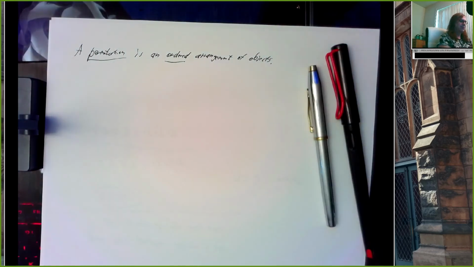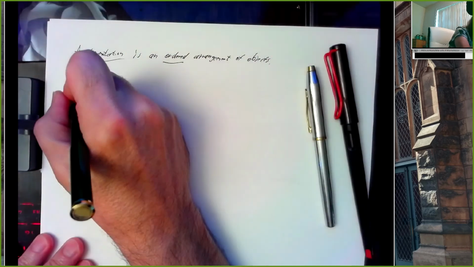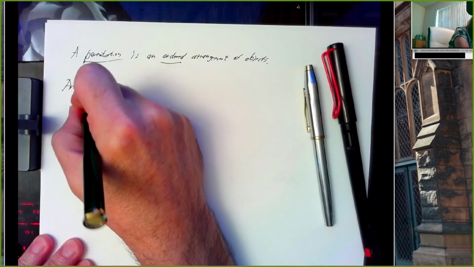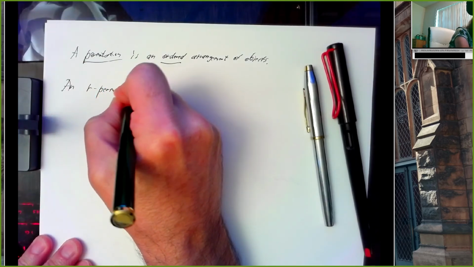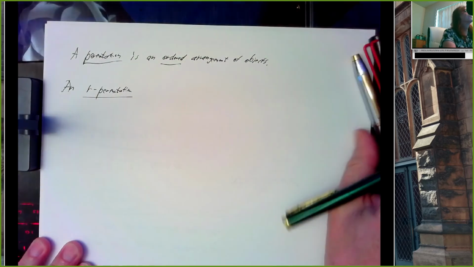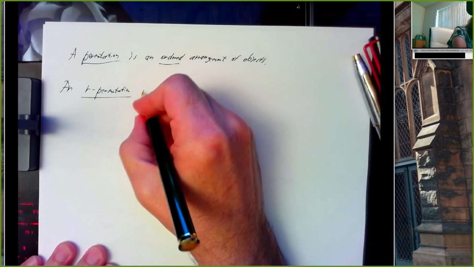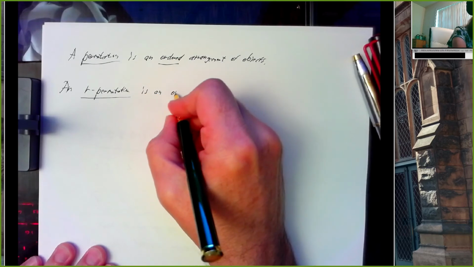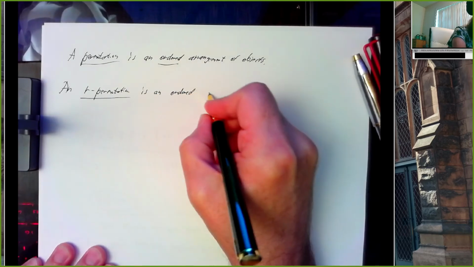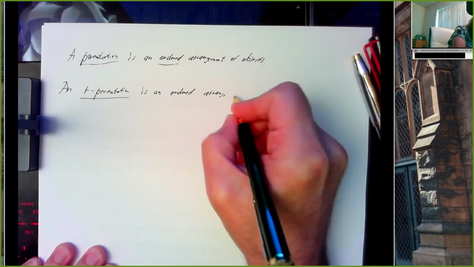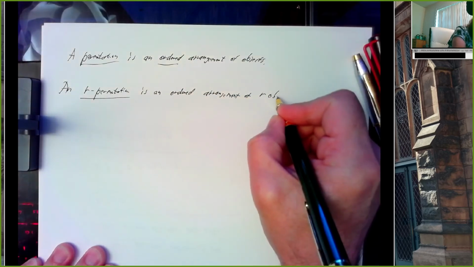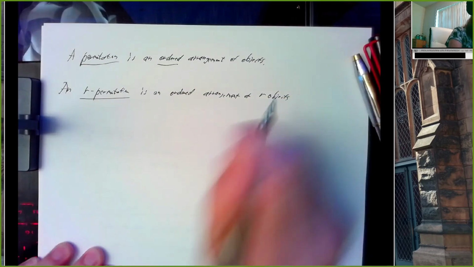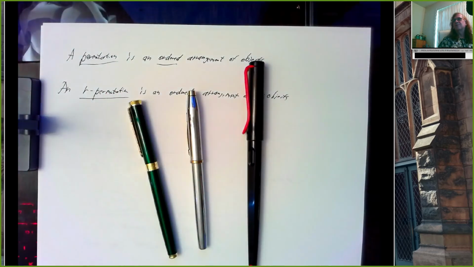All right, and there's a related definition, which is what we call an R permutation. An R permutation is an ordered arrangement of R objects. So again, suppose I have 3 pens.